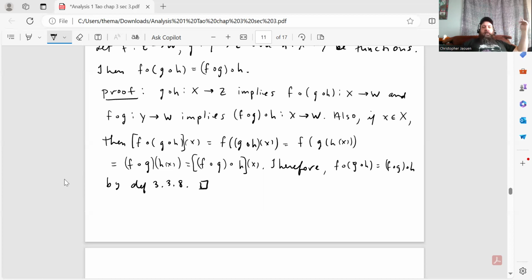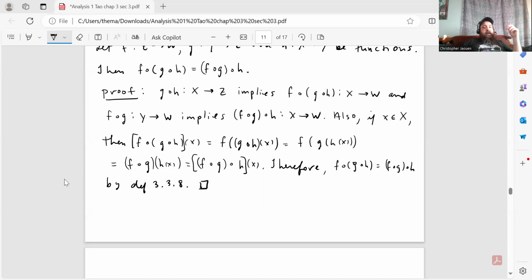So if x is an element of the domain X, then if we look at first f∘(g∘h) evaluated at x, that means f evaluated at (g∘h)(x), but (g∘h)(x) is the same thing as g evaluated at h(x), so we get f(g(h(x))).